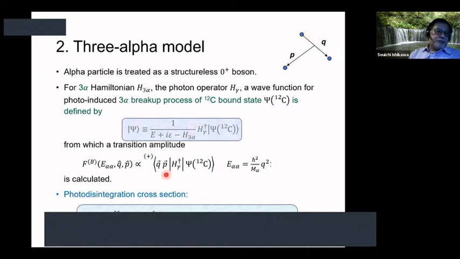These are 3-body wave functions. This is the transition amplitude, and from it I can calculate the cross-section for the photodisintegration process. These are some technical details.